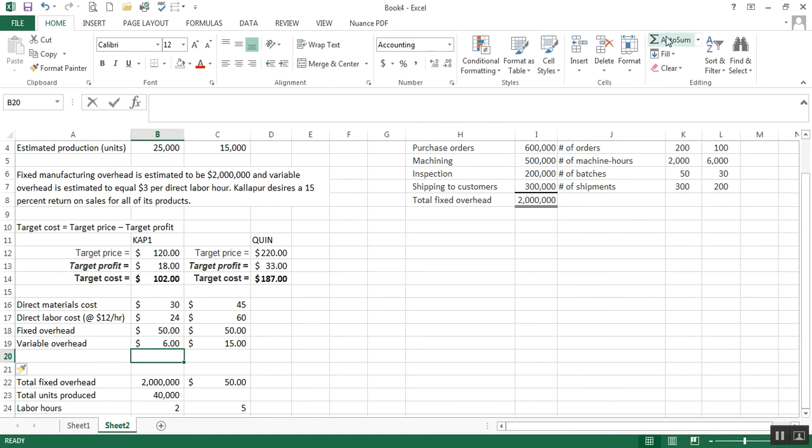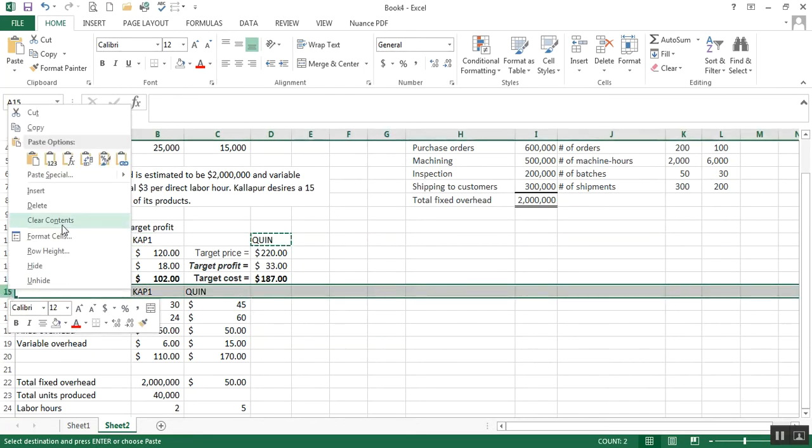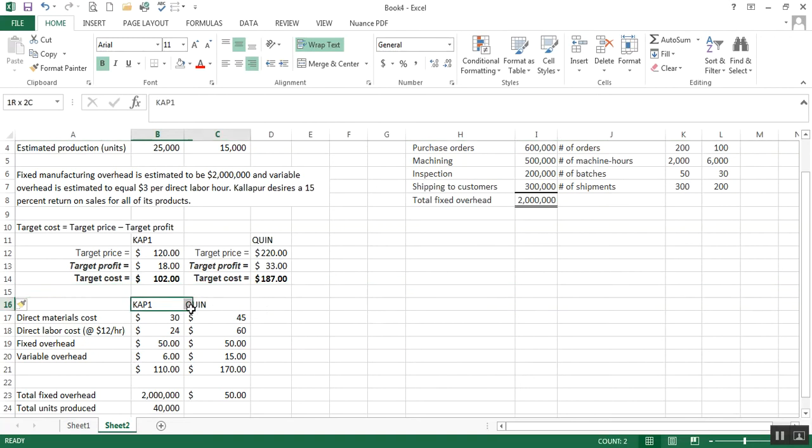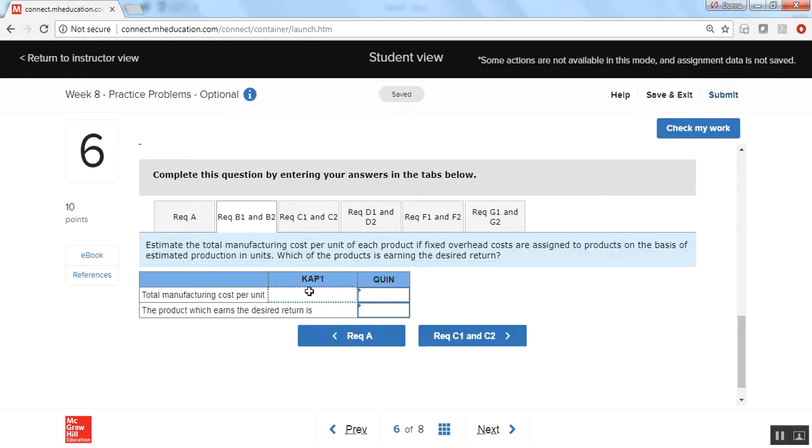So now I know my total cost per unit is going to be $110 for KAP1 and $170 for Quinn.